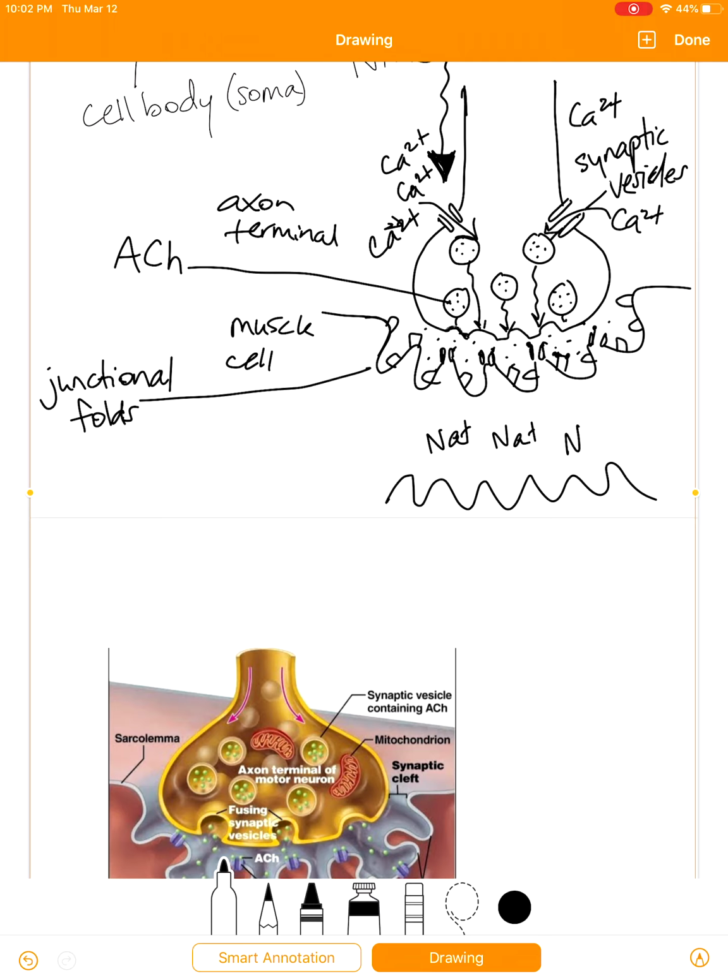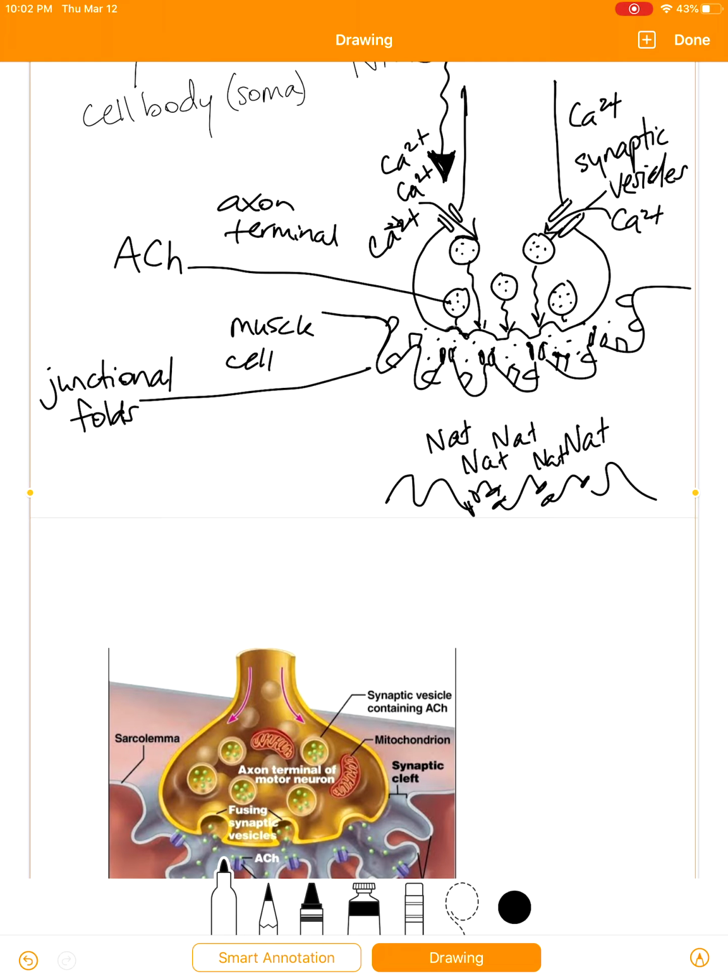And we have a lot of sodium floating around outside of our muscle cells and not very much inside of the cell. What's going to happen if you open up these channels on this membrane?